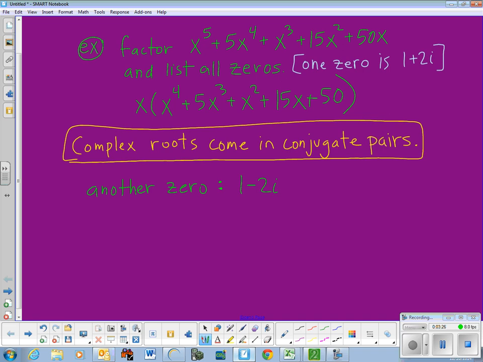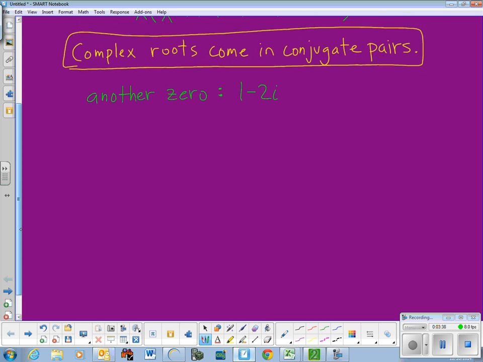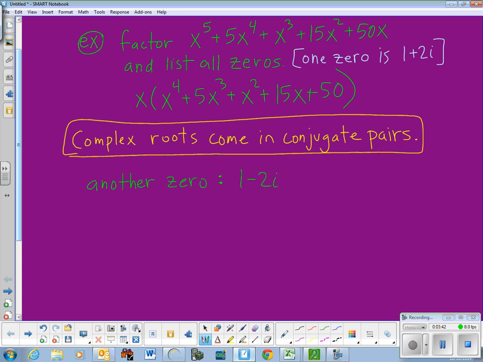In the past, if I knew a 0, what I would do to find other ones is I would factor that 0 out and factor what's left to get my other zeros. So we're going to learn something kind of cool right now, which is synthetic division with complex numbers.